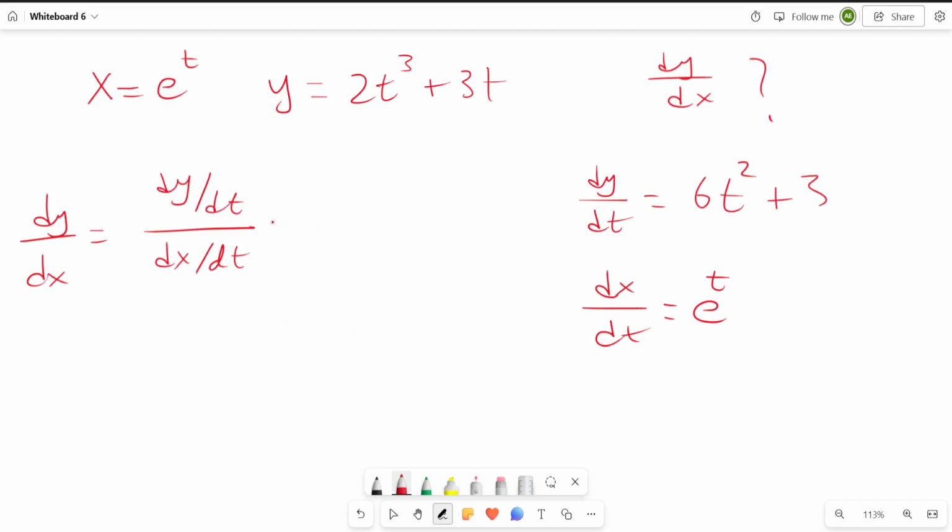Now to find dy by dx, I put dy by dt, which is 6t squared plus 3, over dx by dt, which is e power t, and this is my answer for dy by dx.